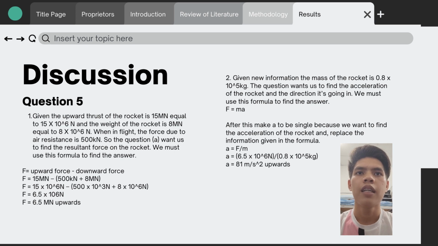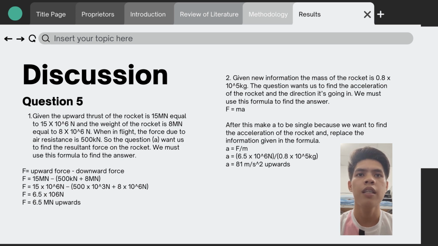So question B. Given new information, the mass of the rocket is 0.8 times 10 power of 5 kilogram. The question wants us to find the acceleration of the rocket and the direction it's going in. We must use the formula to find the answer. F equals ma. After this, make a the subject because we want to find the acceleration of the rocket.